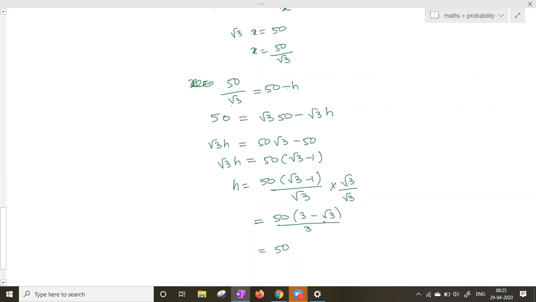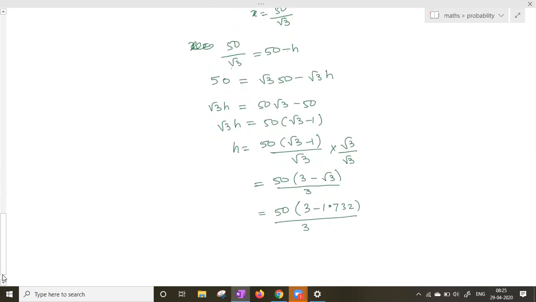50 into 3 minus 1.732, that is 1.268. 50 into 1.268 by 3.